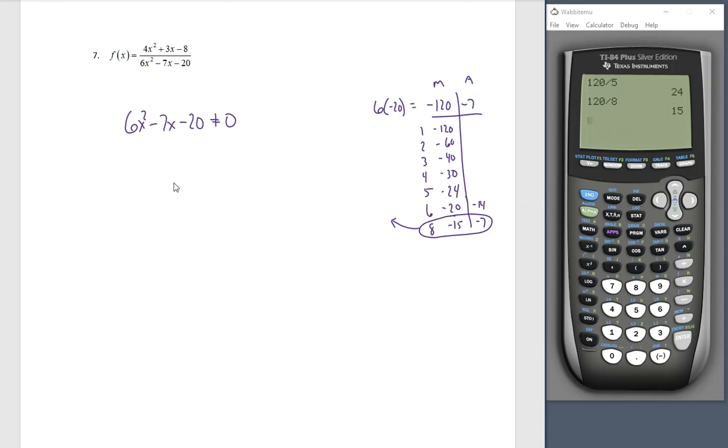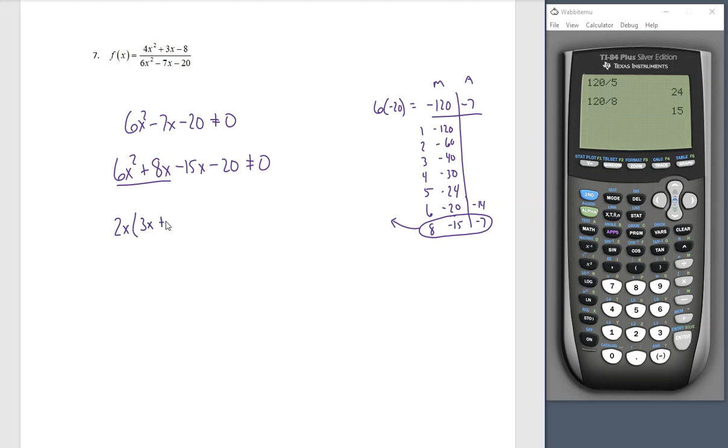All right, so these two numbers that we had to work so hard to find, we use those to rewrite the 7. So we'll say 6x squared plus 8x minus 15x minus 20 cannot be 0. And then we factor by grouping. These first two, 6x squared and 8x, have 2x in common.